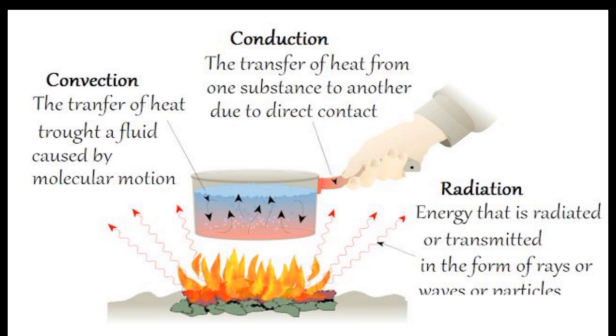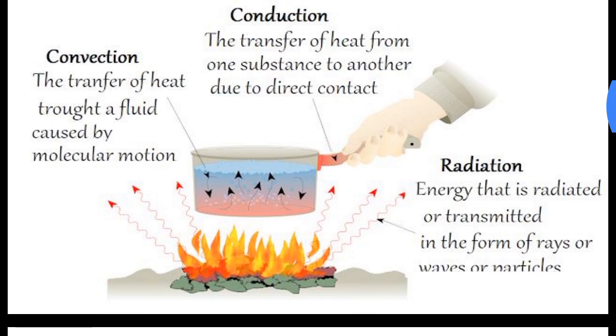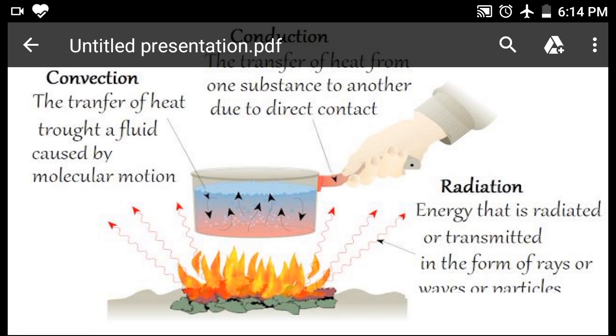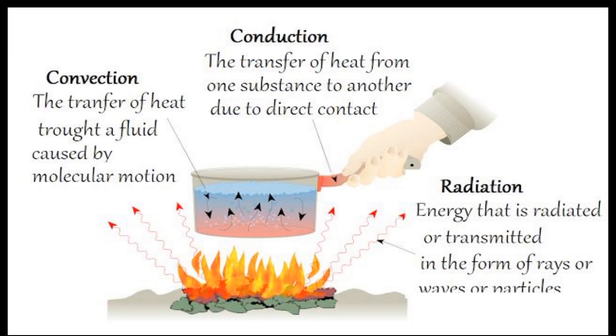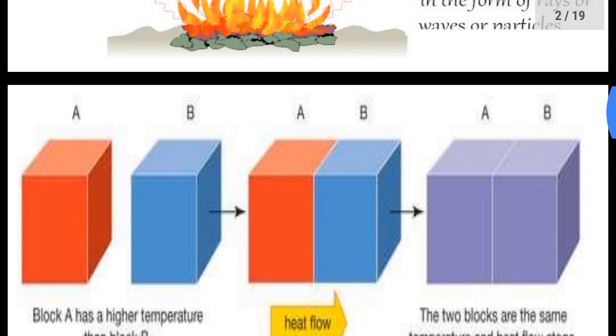Like from the sun, the earth gets heat energy. Is there any medium between earth and sun? No medium is there, vacuum is there. Even then heat from the sun transfers to the earth. So that is radiation.